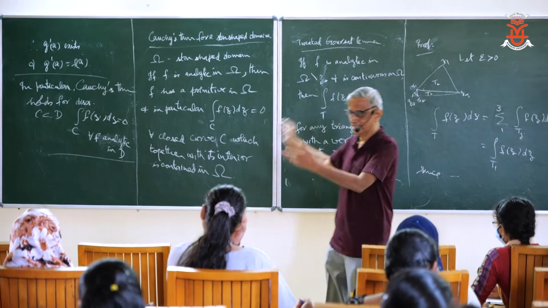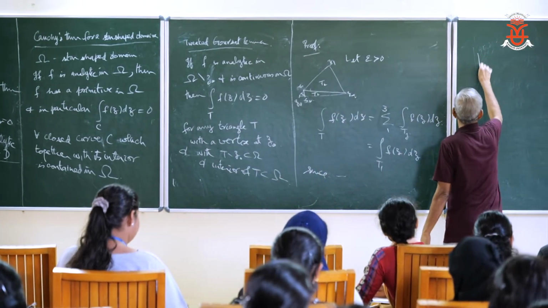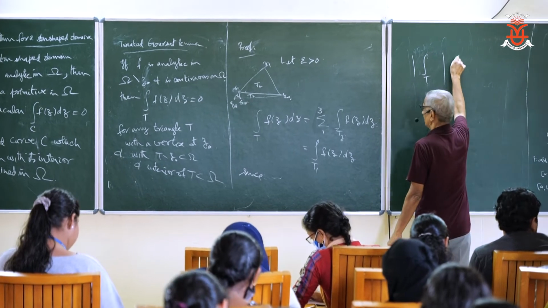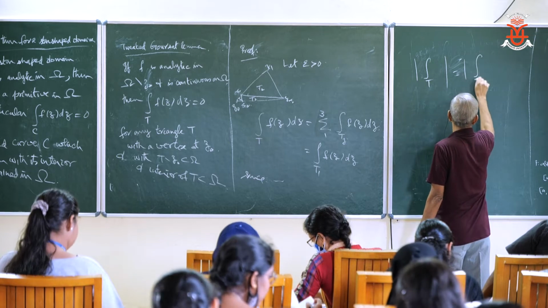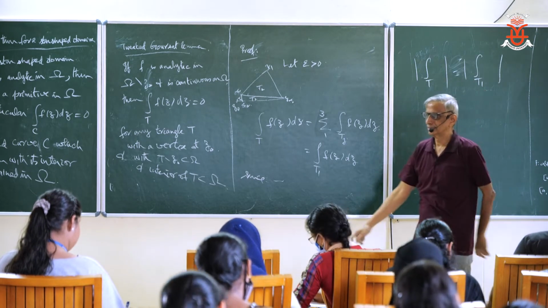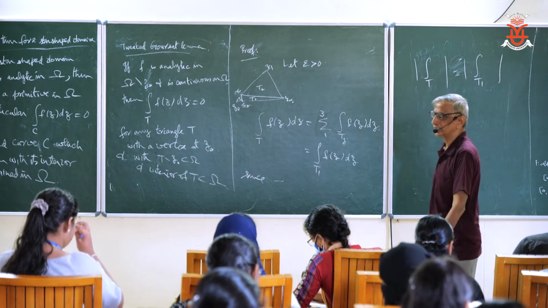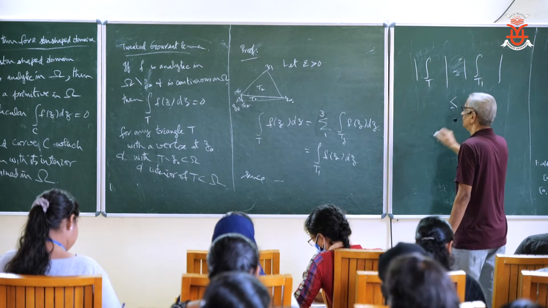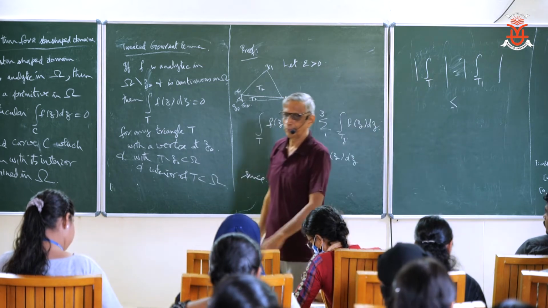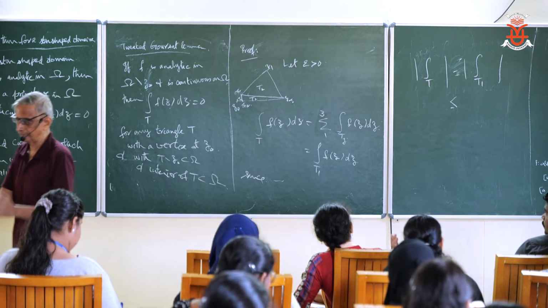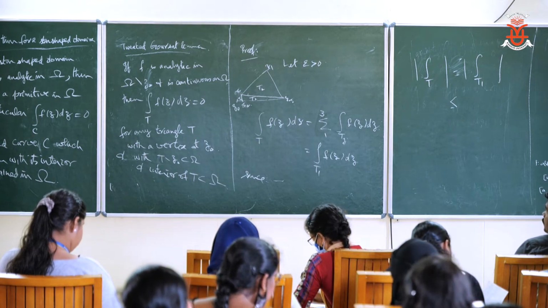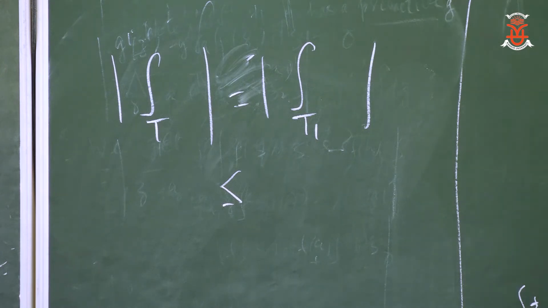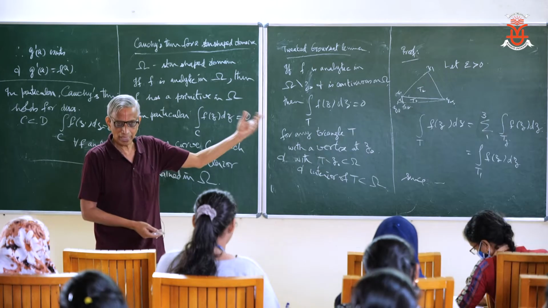Then what? Estimate now. The integral over T, right? And the integral over T1 is less than or equal to the maximum over T1 of mod f_z times the length of T1, which in turn is less than or equal to the maximum over T of mod f_z times epsilon, right?